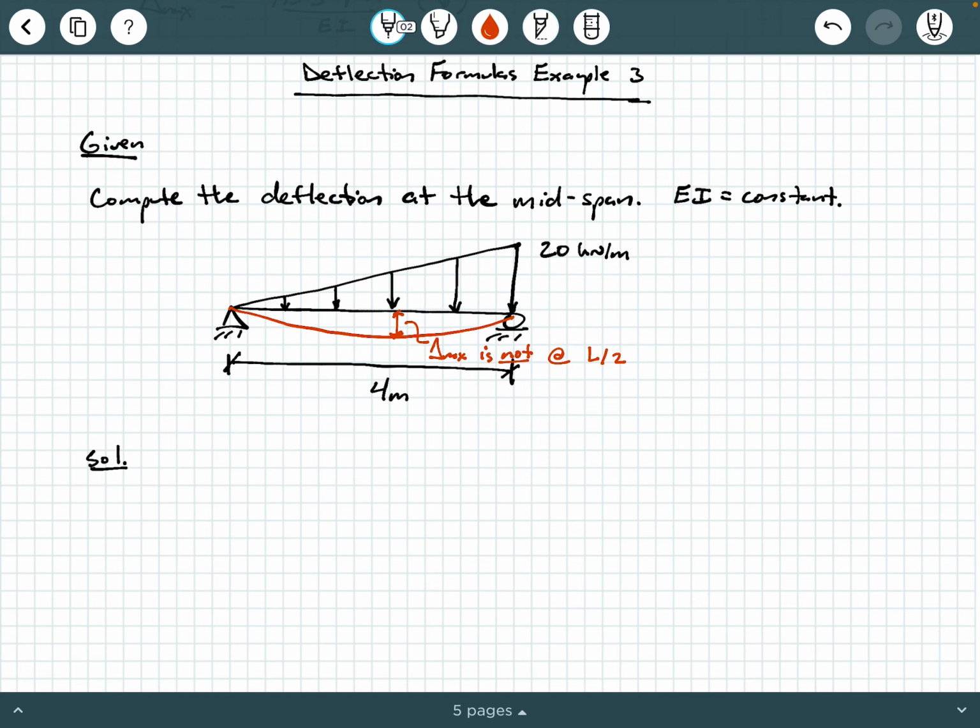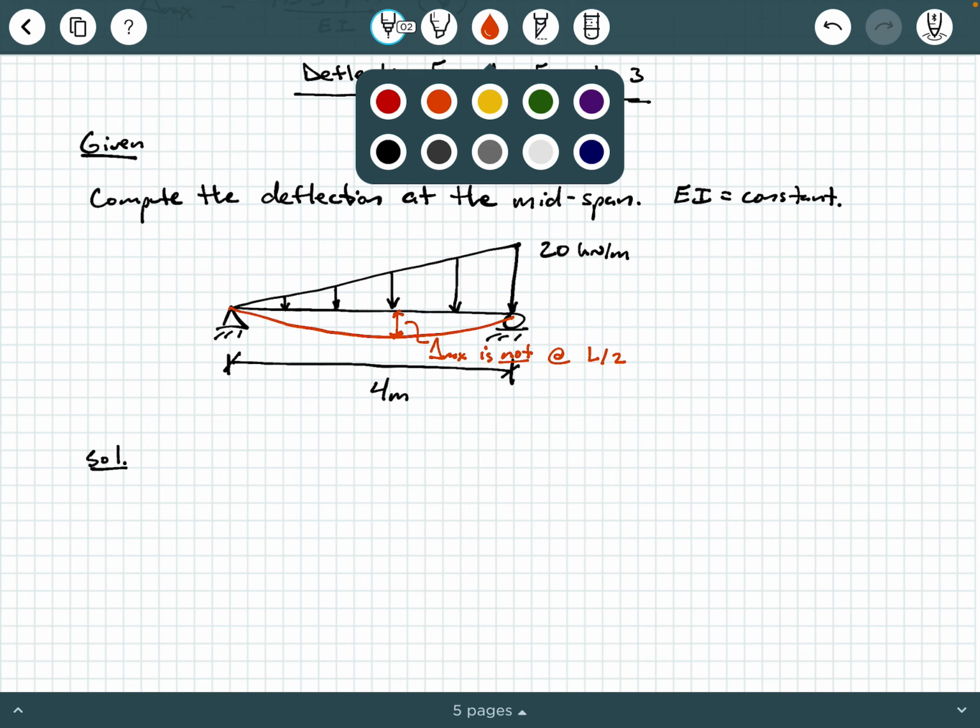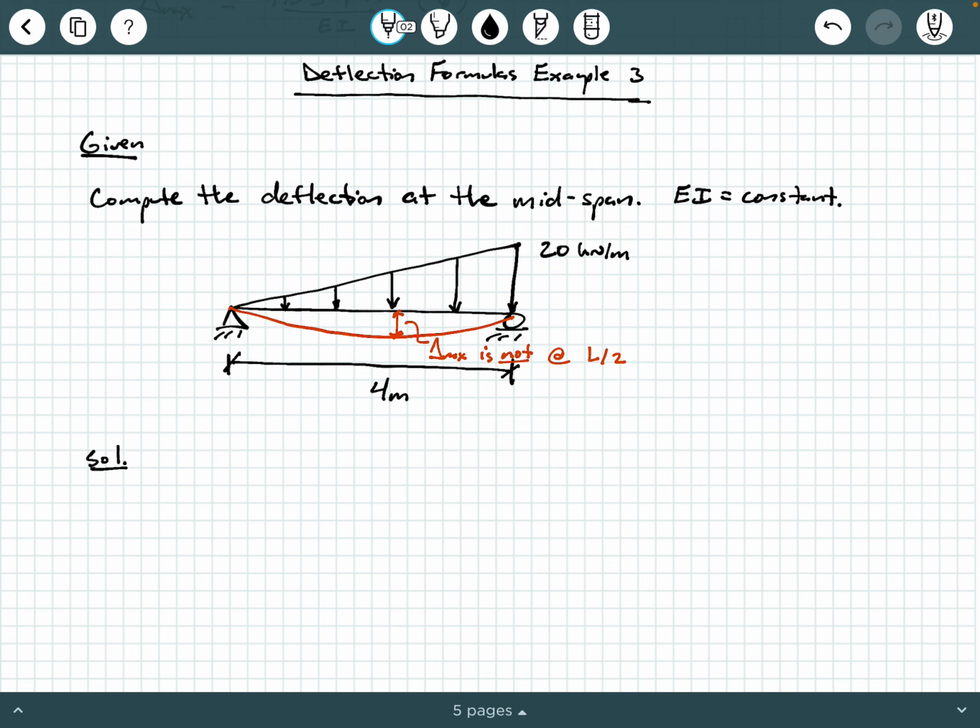Now, I'm going to be referring to a deflection formula from Appendix C of the Hibbler Mechanics of Materials textbook, okay? If I refer to what is given there, I'm going to need to use the equation of the elastic curve and substitute x equals 2 meters into it.